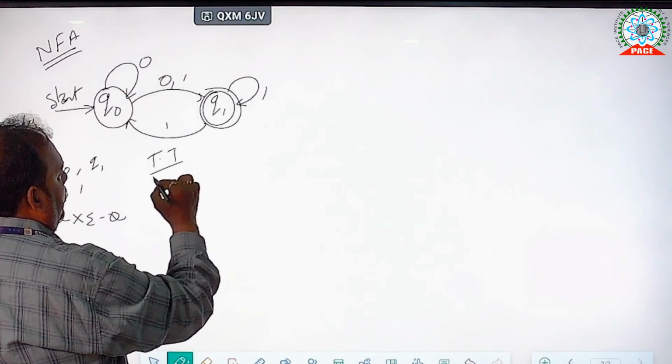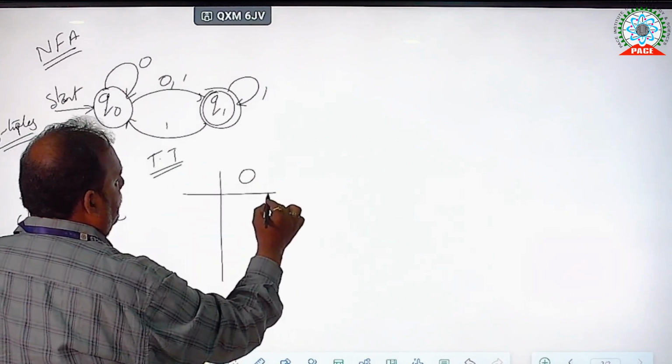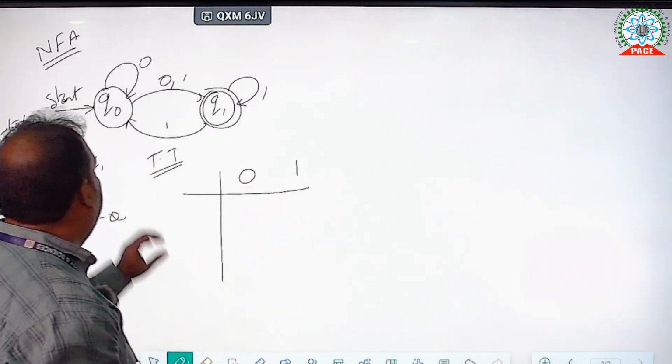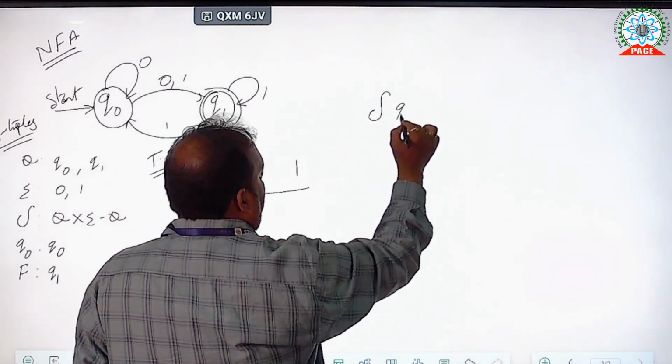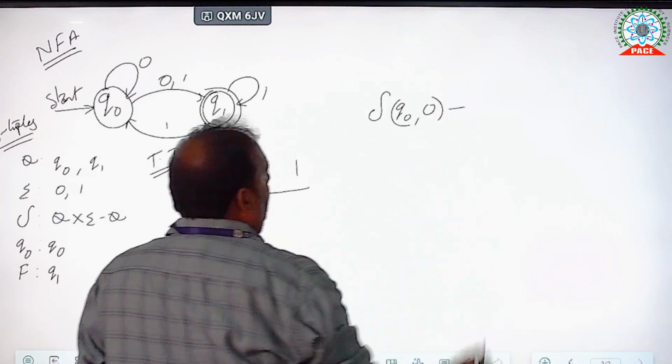Next we have to draw the transition table for the above diagram, with columns 0 and 1. Delta of Q0 with 0 transition: what is the next state?